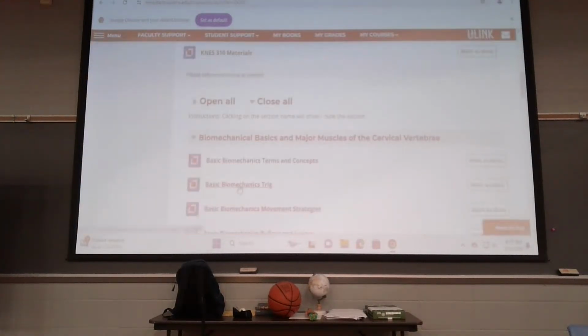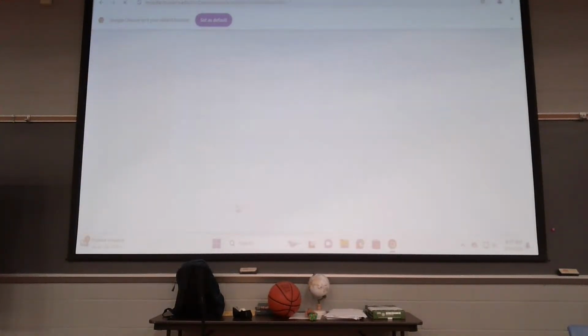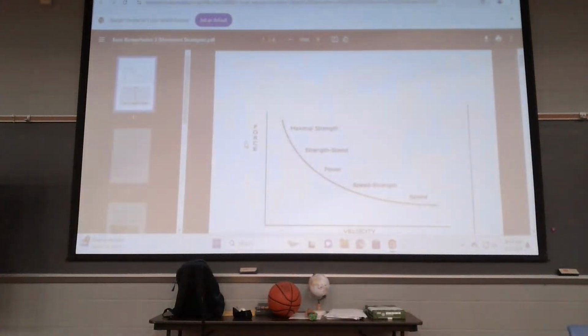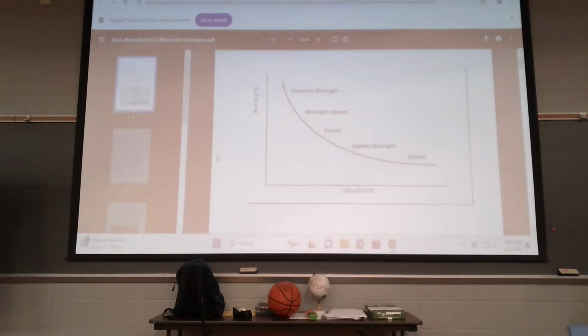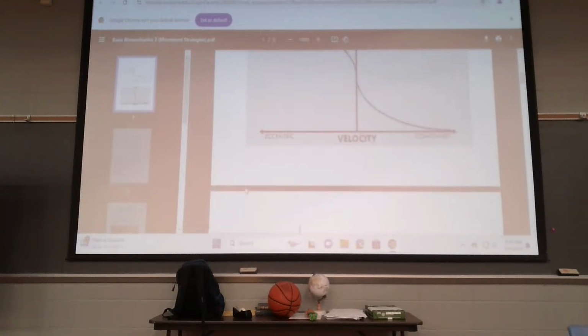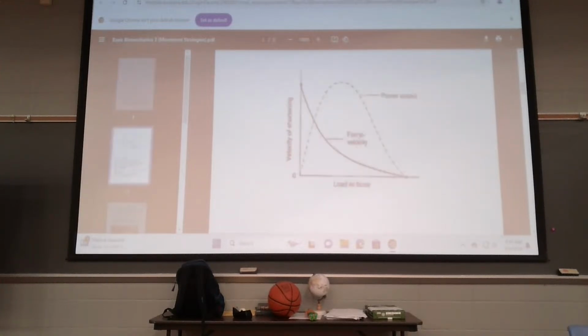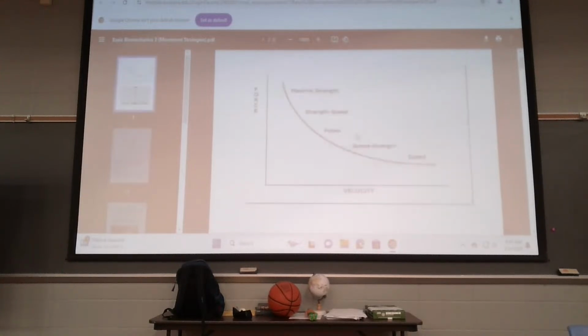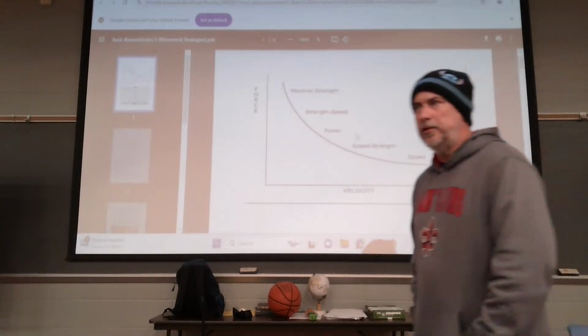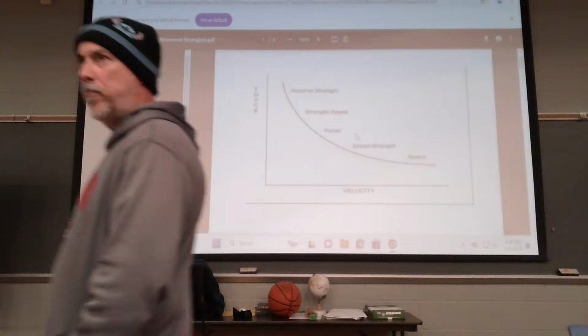Why? Check this out. This is in your third PowerPoint that I posted on Unit 1. Look at this graph. Power is a combination of force and speed.